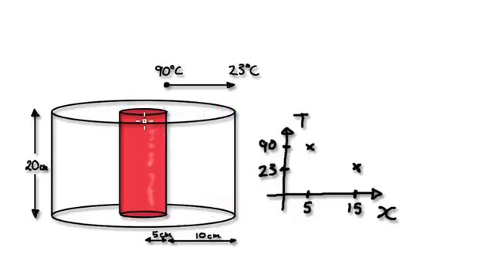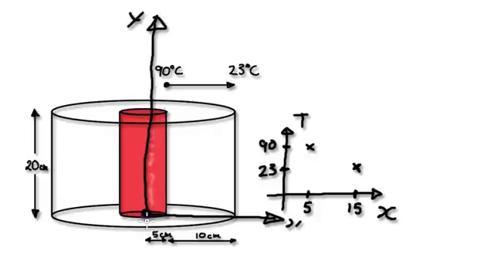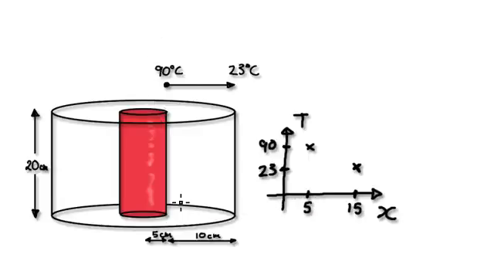You've got to imagine that this is your x-axis, and this here is your y-axis. Here x is 0. So as you're moving along here, by the time x gets to 5, we want the temperature to be 90.